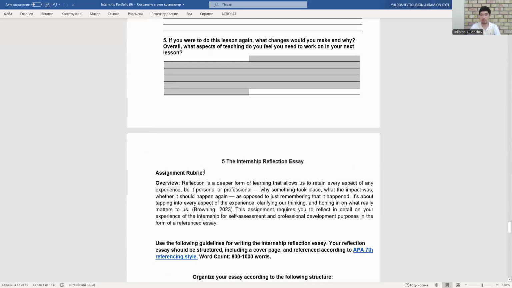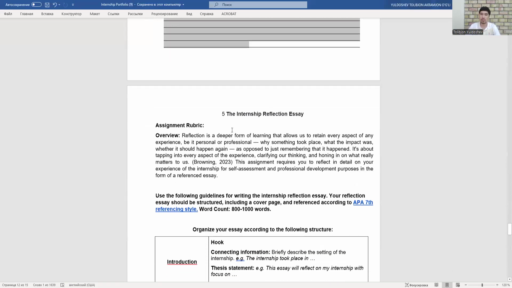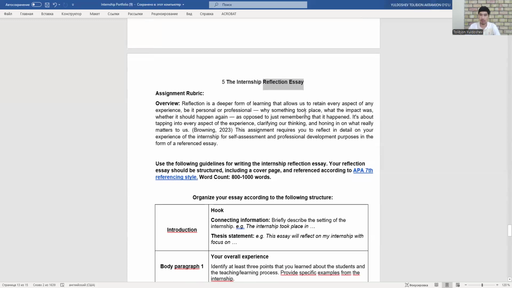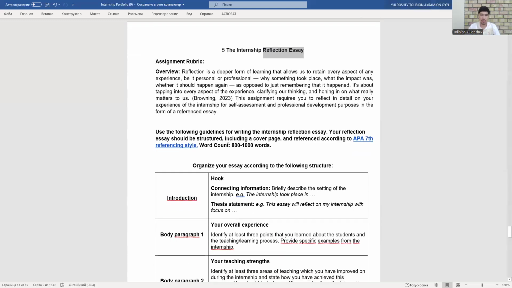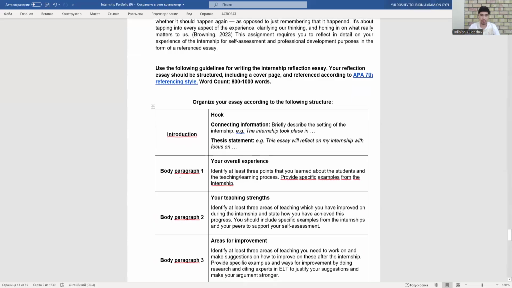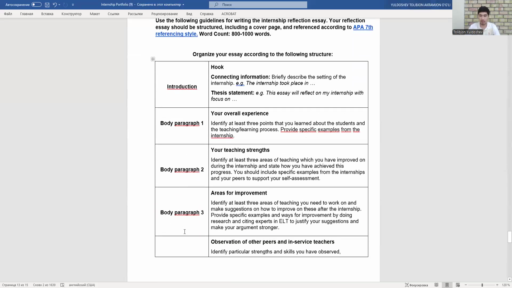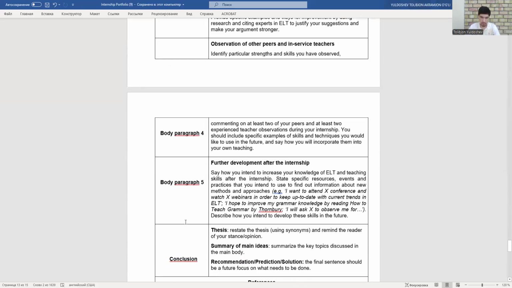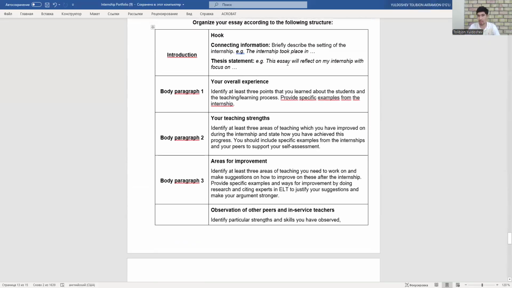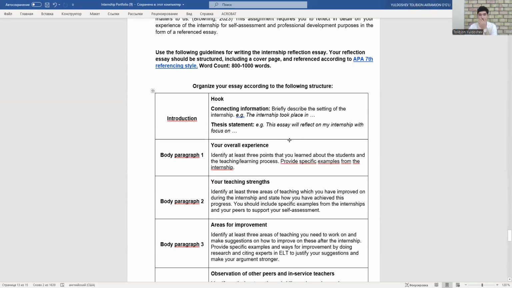And final thing, when everything is over, like at the end of the second week, you need to write the reflection essay. So for the reflection essay, we have already given the introduction, body paragraph 2, 3, and 4, 5, and conclusion, what kind of things we are expecting from you.